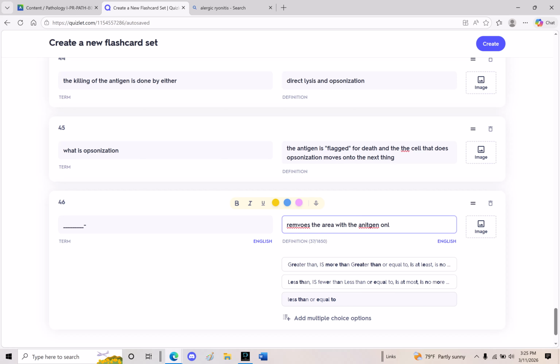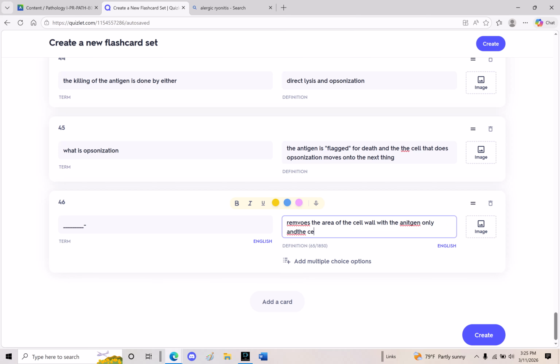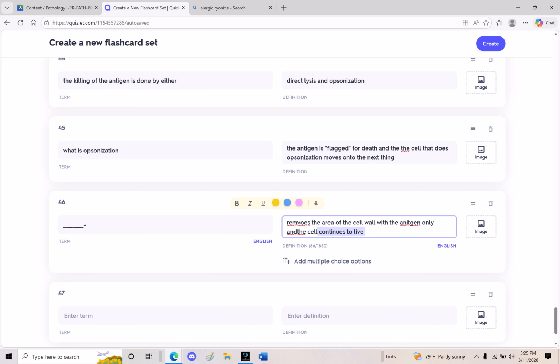So it worked. Now, this especially helps when you have a cell that's been infected and the antigen on the surface is because of the infection, right? So that cell a lot of the times will rupture because you're taking a piece of its cell membrane out. So direct lysis, you have a membrane attack complex that punches holes into the cell membrane.